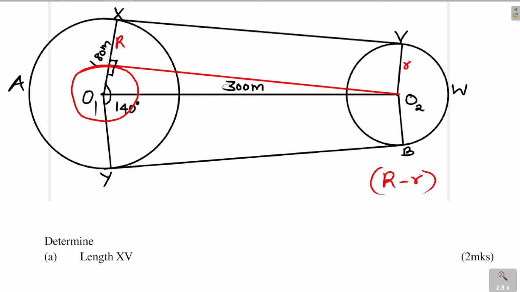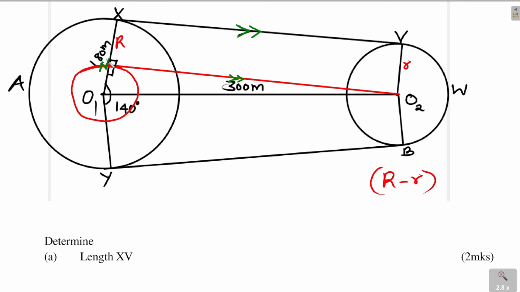Also this one will be 90 degrees, the tangent and the radius. Another thing that you notice is that the length XV is parallel to this line, parallel and equal. I'll call this point N here.